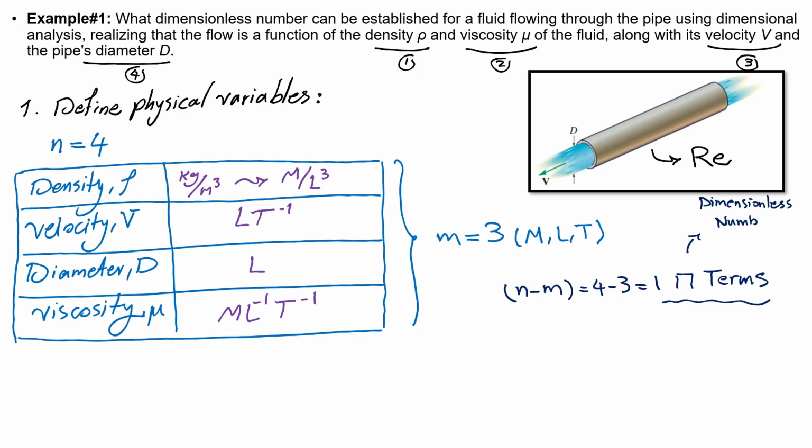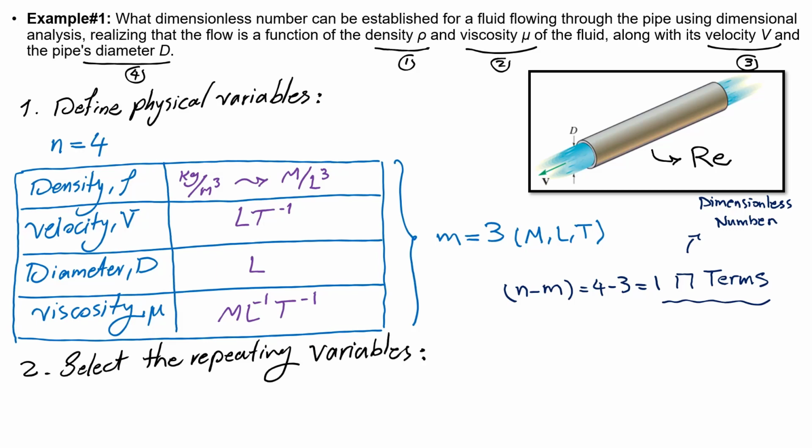Perfect. Now, step number 2 was select the repeating variables. What I need to do is select m variables that have M, L, and T in them.